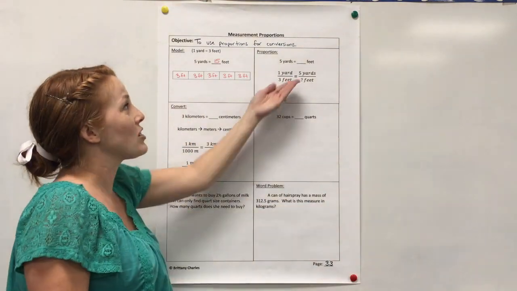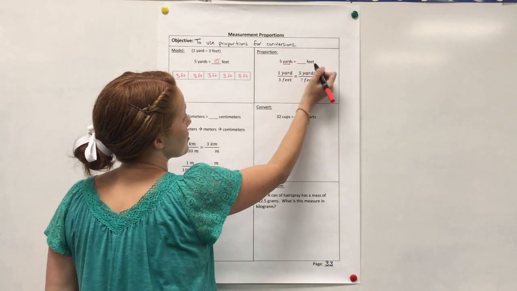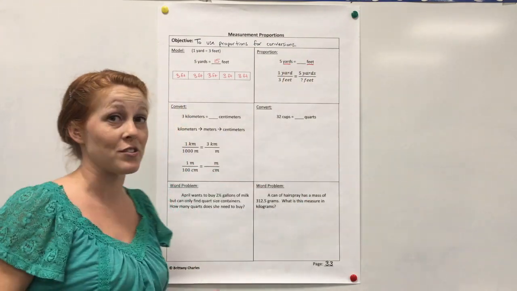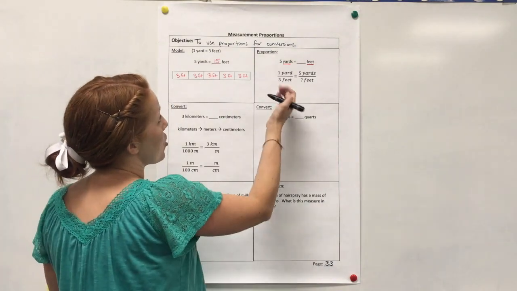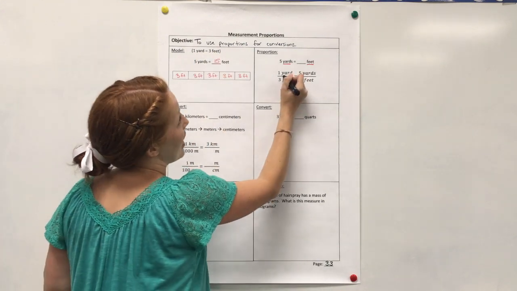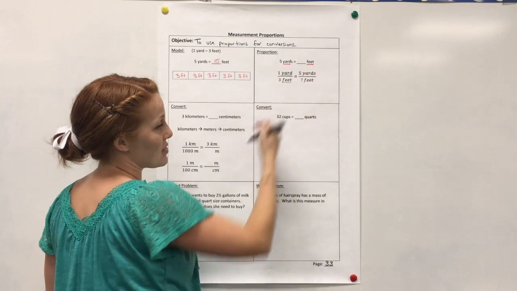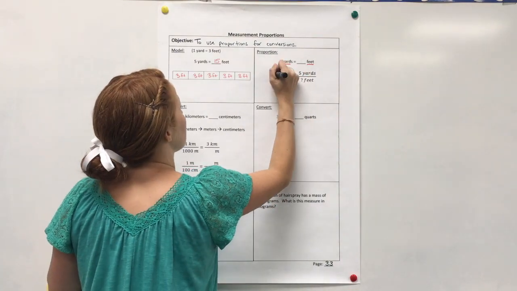Okay, so now let's look at the proportion. Here are my 2 units, yards and feet. So I can make a proportion using yards and feet to convert. I know that on my chart, it said 1 yard was 3 feet. So I take exactly that off my chart, and that goes on one side. This right here is from the chart.